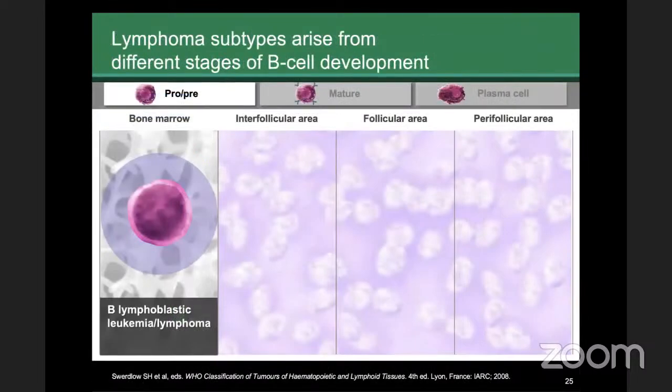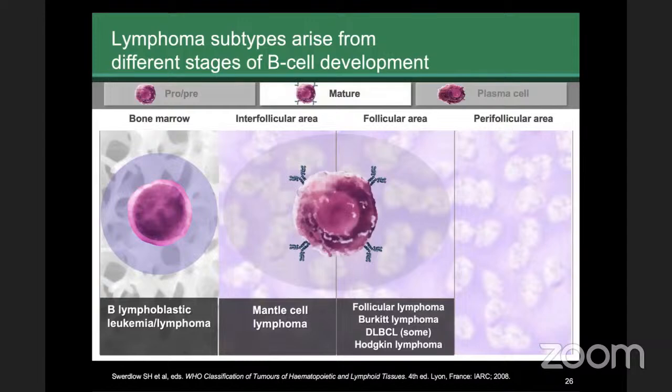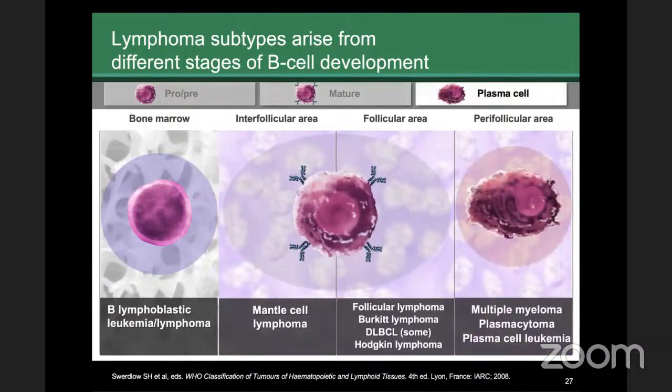Okay, so if you look at the subtypes of lymphomas, if you take all the B-cell lymphomas, about 70 different kinds, you can trace them back to the normal B-cell development. If the cancer happens in the B cell that develops in the bone marrow, so all cells of the body, the red cells and the lymph cells, are produced in the bone marrow.